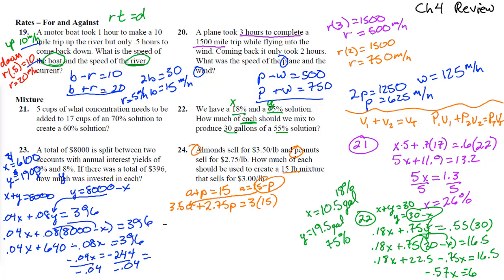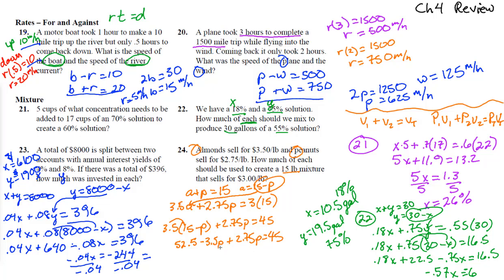And yeah, 3.5 times 15 minus P plus 2.75P equals 45. So jump that in there, and we get 52.5 minus 3.5P plus 2.75P equals 45.